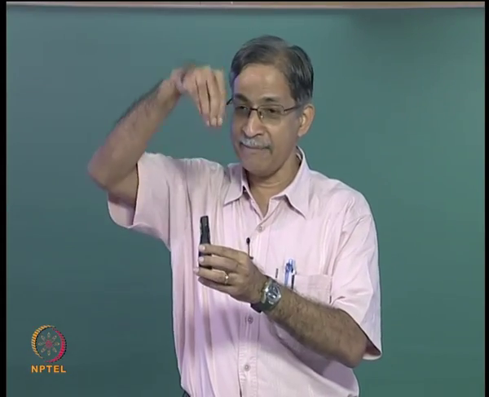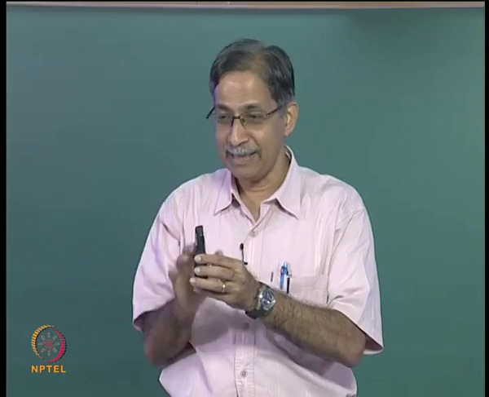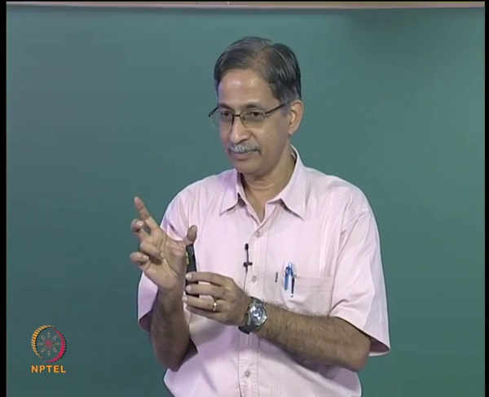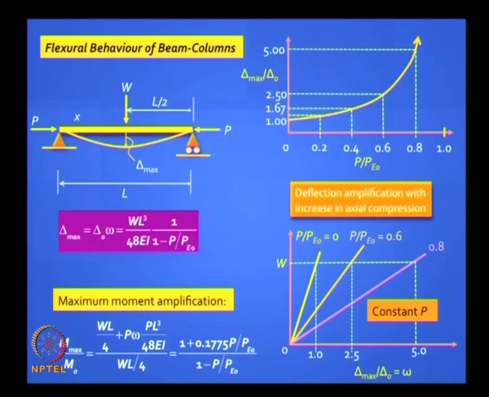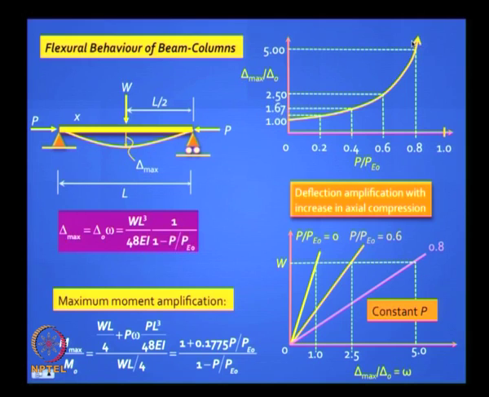Now if you had a heavy load acting, then that delta is going to be large, and so you have to calculate correctly. Now if the P is constant, let us say that load is not changing, and if you plot delta max by delta naught, you can still do linear analysis. Look at this delta max equation.